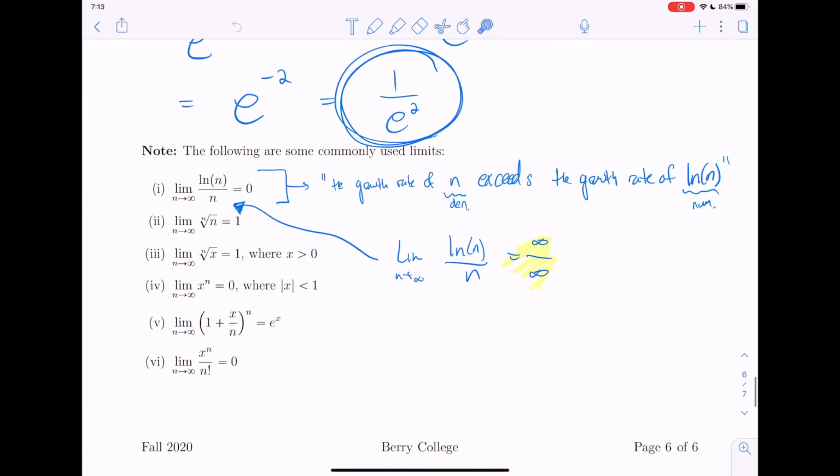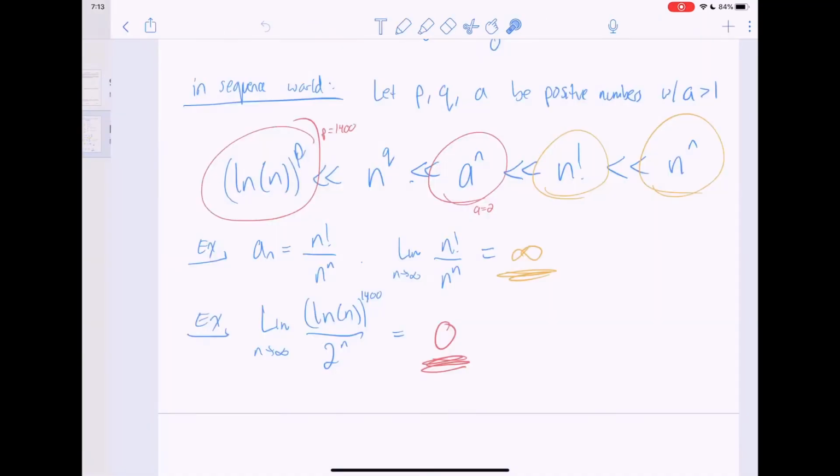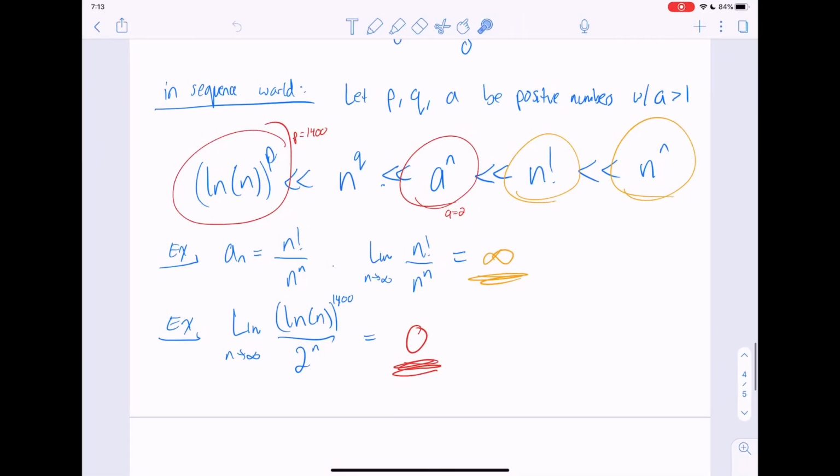But look back at these items. We see here that this item, and number 6, follows from a growth rate. We see that the first item follows from a growth rate. And so these growth rates are really useful, and I highly encourage you to use them. But when you use them, you're going to want to somehow inform me, oh yeah, I'm using the fact that the first item is dominated by the second item, or something like that.